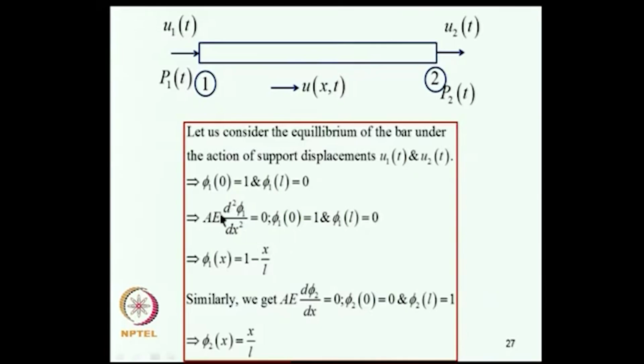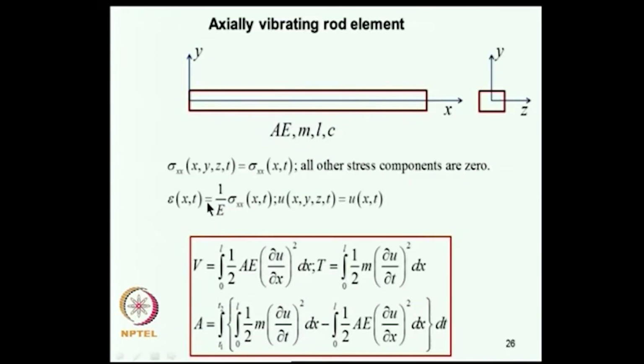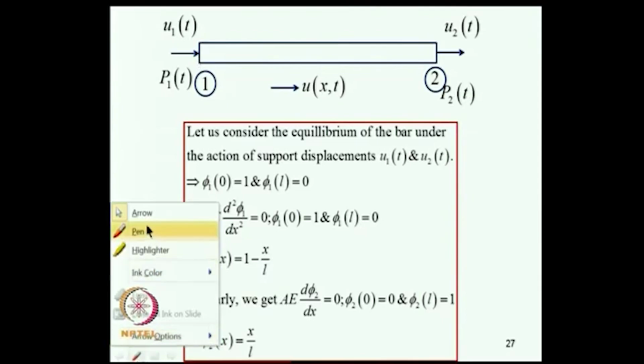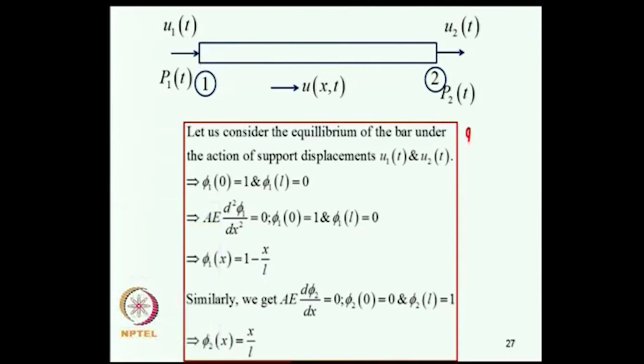Suppose phi 1 is the trial function that we are going to work with. What we are doing is we are going to approximate the field variable in terms of the value of the field variable at the nodes.